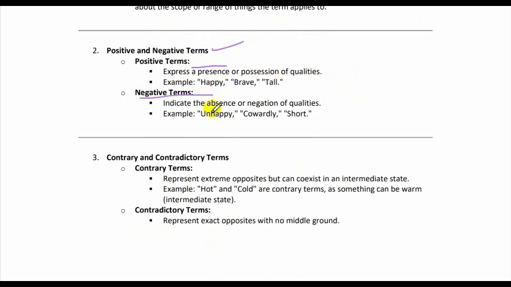Whereas negative terms indicate the absence, or negation, of a quality. Not happy, that is unhappy. Or not brave, that is cowardly. Not tall, that is short. So these are all negative terms.